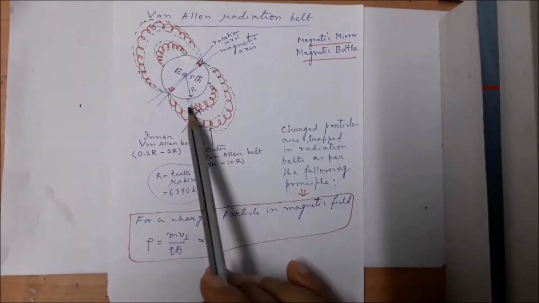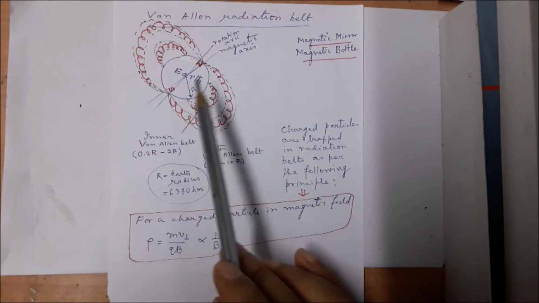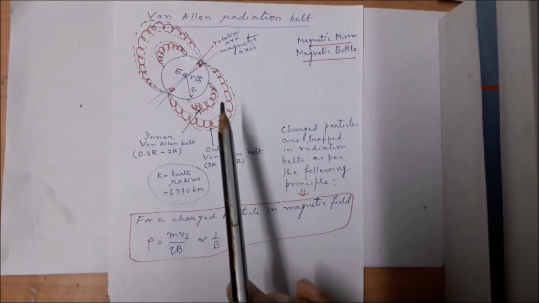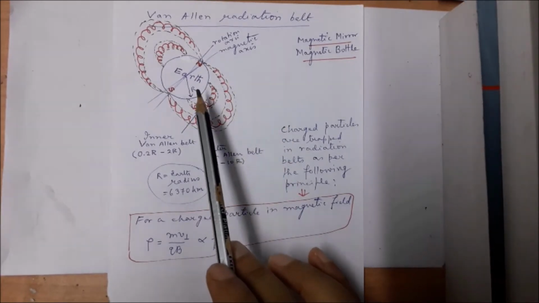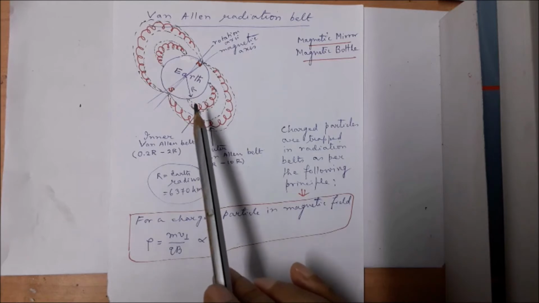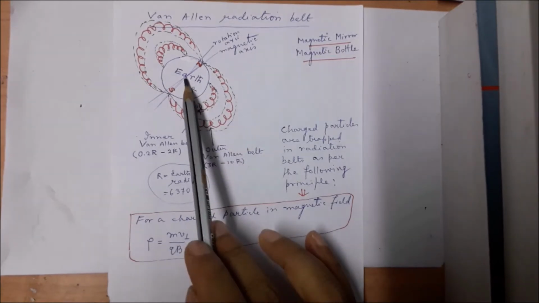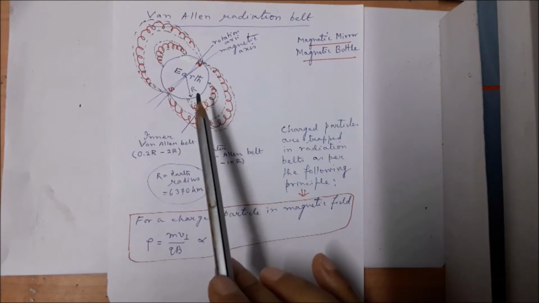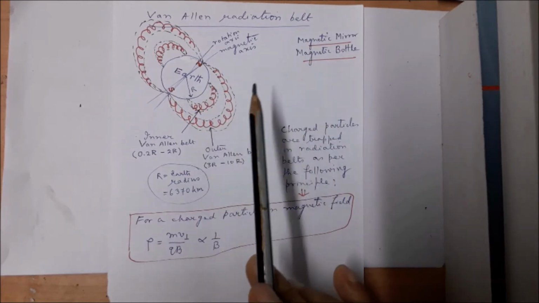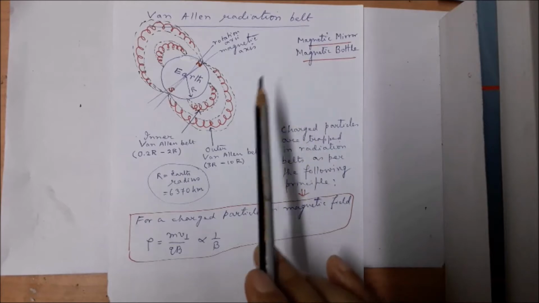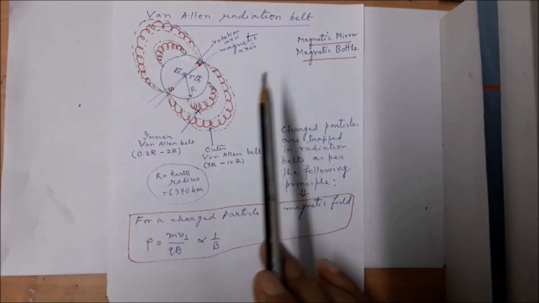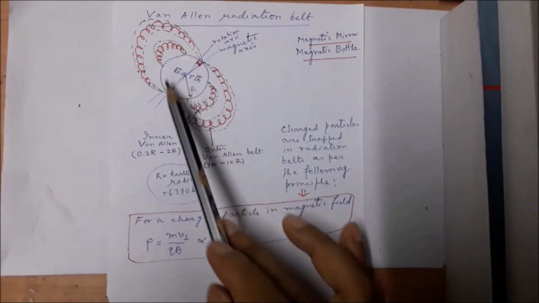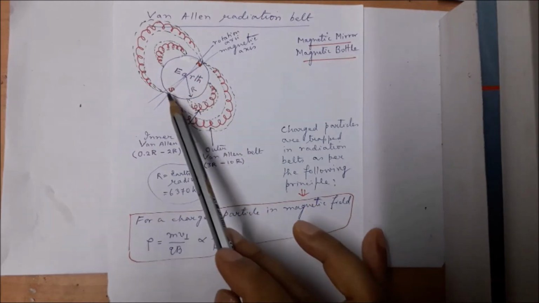Now Earth has a magnetic field which is called geomagnetic field. It is the magnetic field extending from Earth's interior into space. It interacts with the stream of charged particles that are emitted by the sun, which is also called solar wind. Earth has a north pole and a south pole.